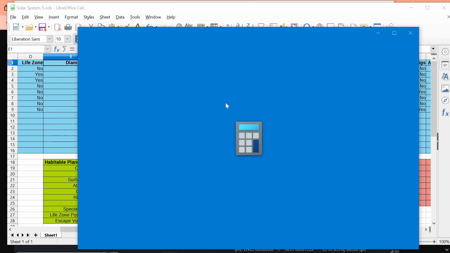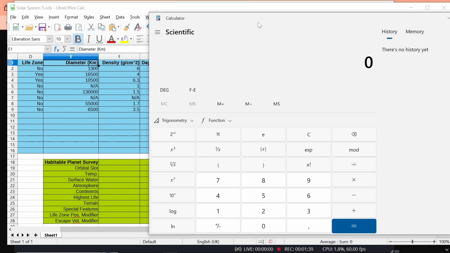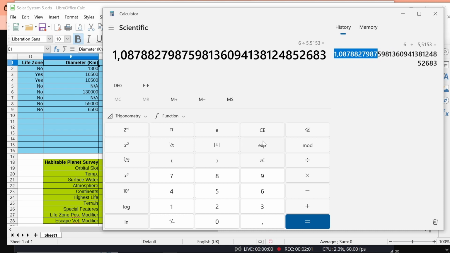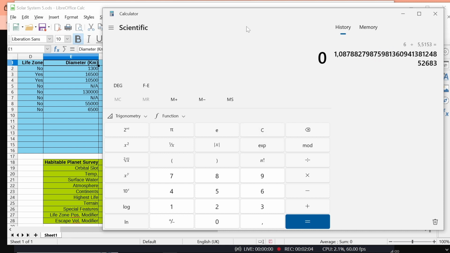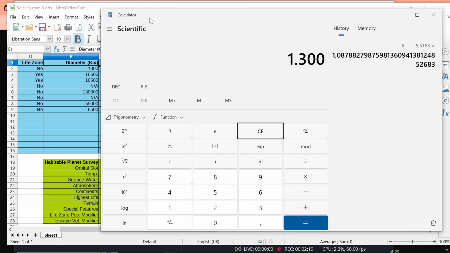Get the calculator out. We have our density for the first planet is 6. We'll divide that by 5.5153. That equals 1.0878, which is right here over on the side. We need our diameter, which is 13,000, divided by 12,742.